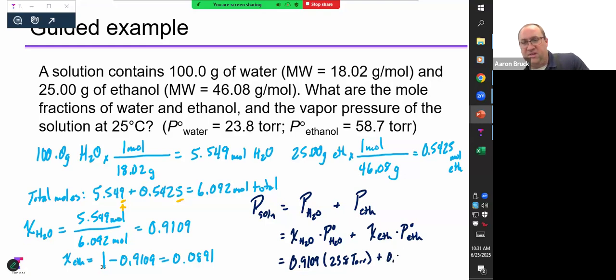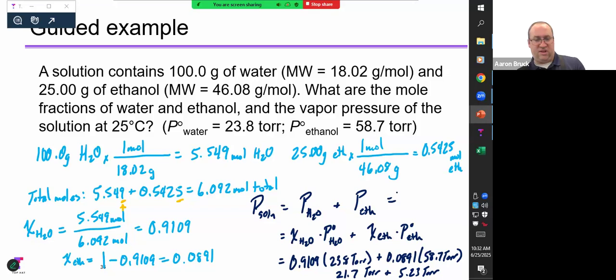For the ethanol, the 0.0891 and the 58.7 torr that they gave me for that. 0.9109 times 23.8 gives me 21.7 torr for the water. 0.0891 times 58.7 gives me 5.23 torr for the ethanol.